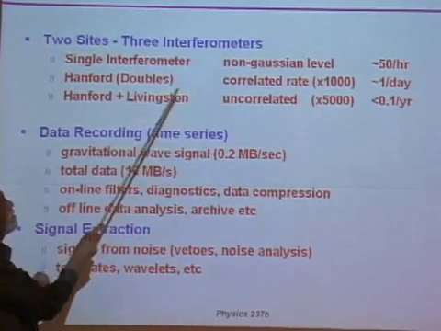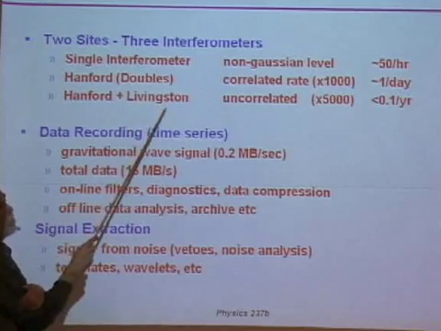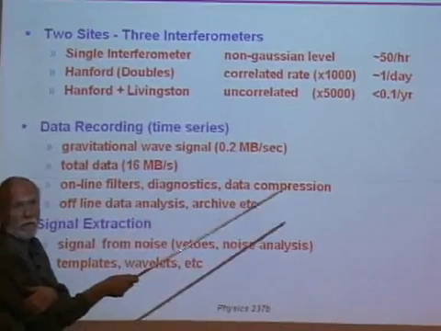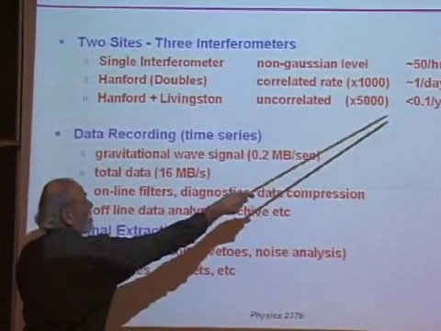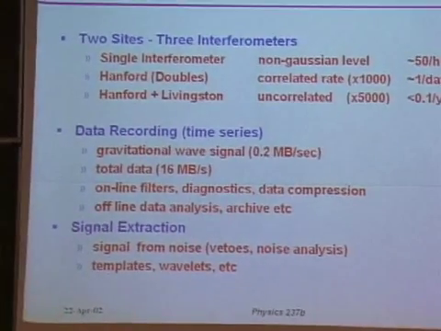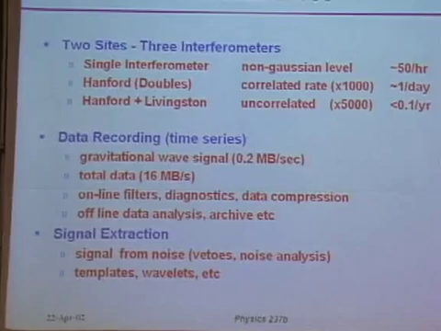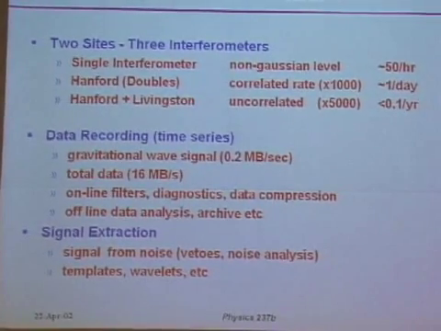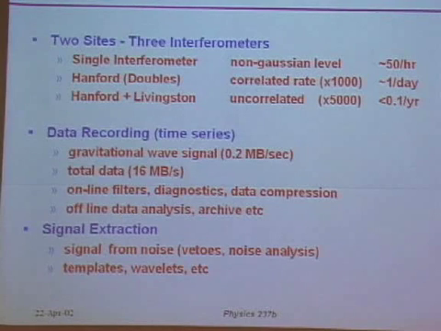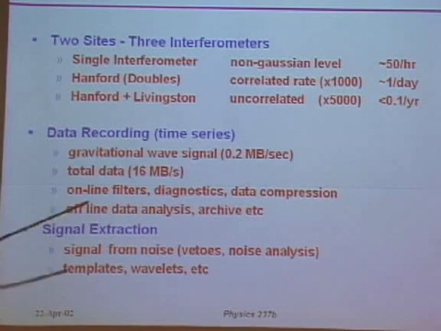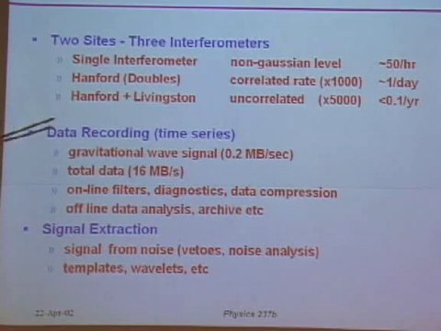The idea being that by the time you get the triple coincidence, you should have a false rate that's low compared to the event rate, or at least our patience, so that we had a goal of less than 1 per 10 years. So these are the considerations, and decisions were made about strategy.